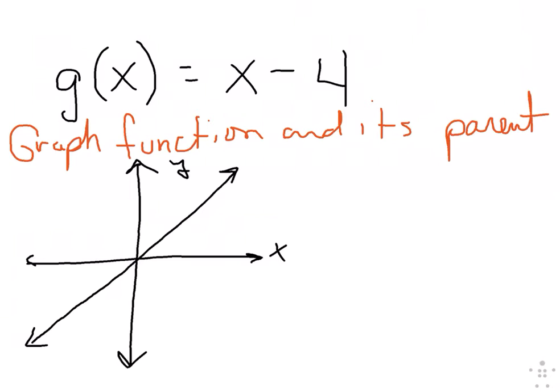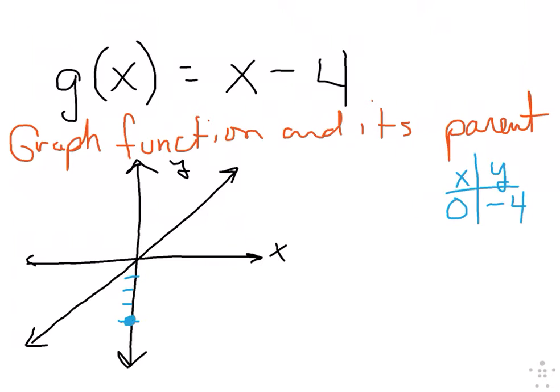If I put in 0, that's my x, and I'm getting out negative 4. That's the y. It's like me creating a table of values where 0 went in and I got negative 4 out. That's an ordered pair. You guys have been graphing ordered pairs for a long time. 0, 1, 2, 3, 4. Make a dot.